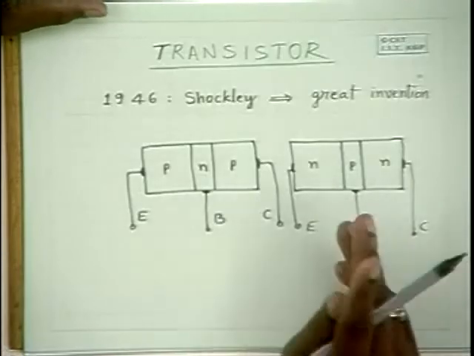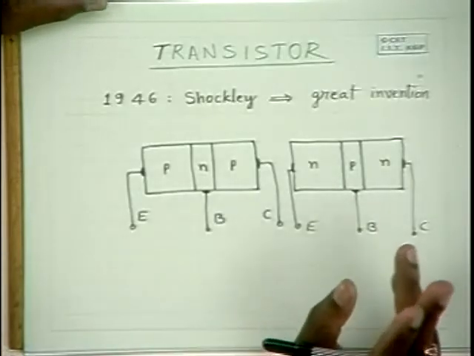This way a few combinations of 2 independent ports is possible, and these 2 independent ports act as an input port and an output port. So to the input we give one signal, and at the output you get the output signal. An amplifier amplifies the input and gives it as the output, and a transistor can be used for amplification purposes.